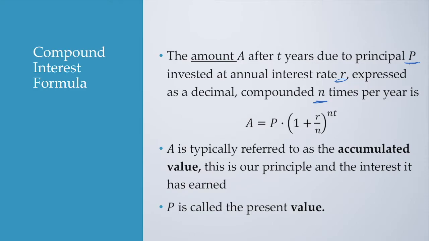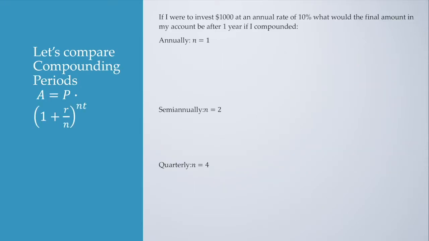Yes, she is. So let's compare compounding periods. If I were to invest $1,000 at an annual rate of 10%, what would the final amount be in my account after 1 year if I compounded annually, semi-annually, quarterly, monthly, and daily? I have my equation, A equals P times 1 plus R over N to the NT.